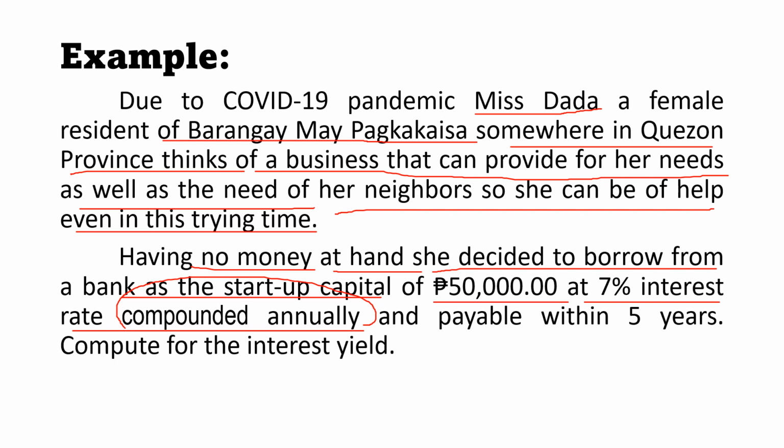But in this problem, we apply compound interest, payable within 5 years. Compute for the interest yield. In each term within 5 years, what will be the interest using the concept of compound interest?